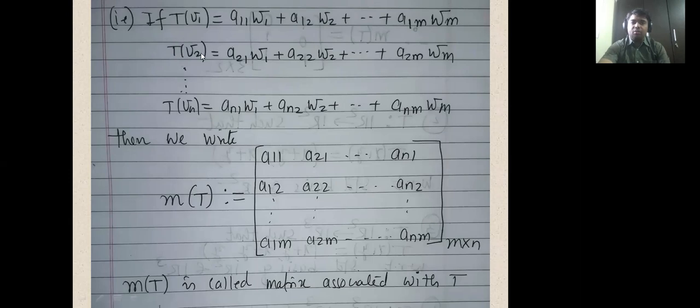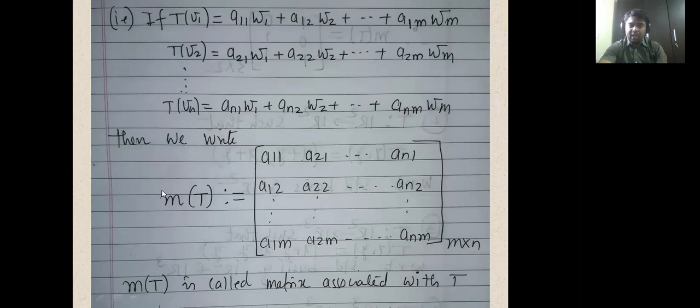T of V2 I wrote as a combination, got the coefficients, and wrote those as a column. Similarly, I will write T of V1 through T of Vn as combinations of the vectors and write those coefficients in columns, so that I get a matrix whose order, remember, is always the dimension of the codomain cross the dimension of the domain.